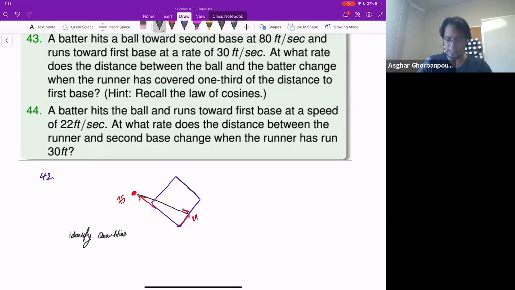Okay, so the distance of these two will be something here. As always, we start by identifying the quantities. The first thing is that while the batter is running from the home base to the first base, we have the distance of the batter from the base.